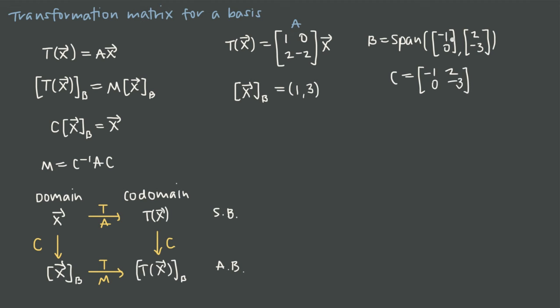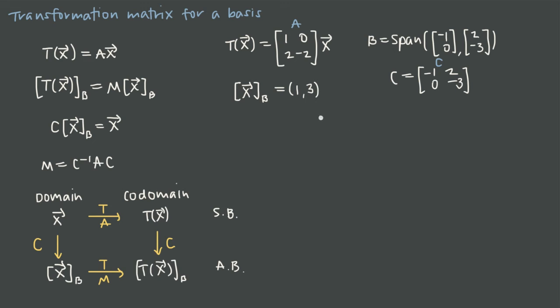So we just take the column vectors that define the basis and we put them into the change of basis matrix. So we have here C, and we have A, but we really need M because we have to apply this formula here where we multiply M by the vector x in the alternate basis. So in order to find M, we need to use this formula here. M is equal to C inverse AC.